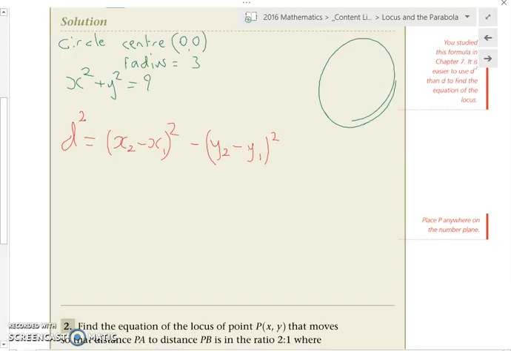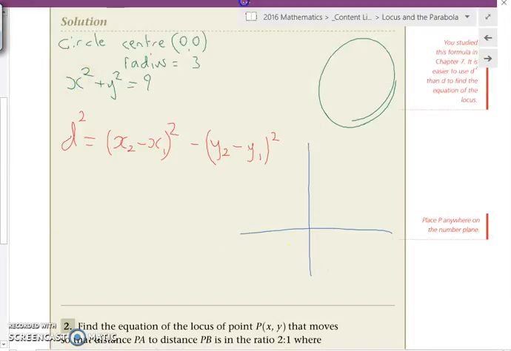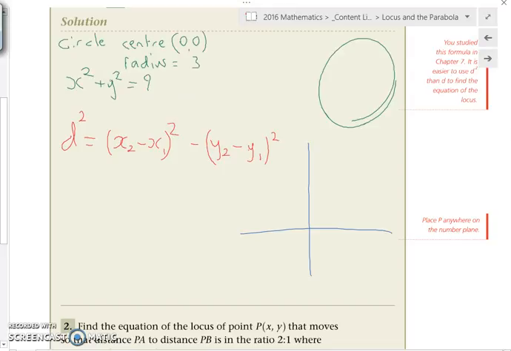All right, so what does our thing look like at the moment? We have a point xy, and it is three units from the origin. I could have put that xy anywhere, any quadrant, any space.